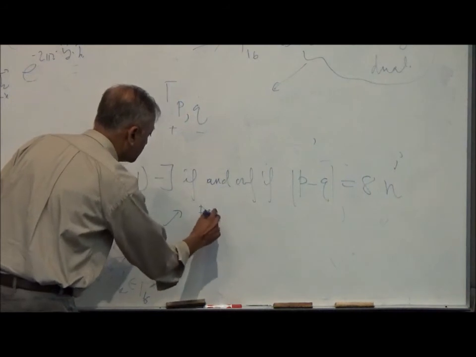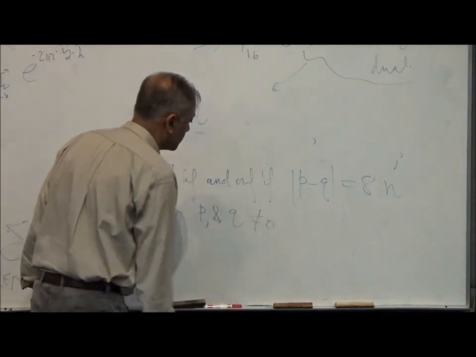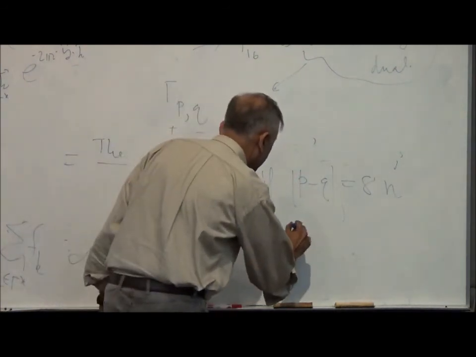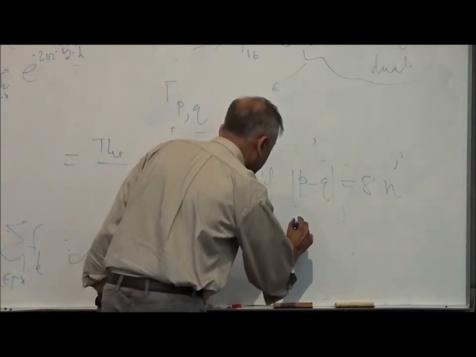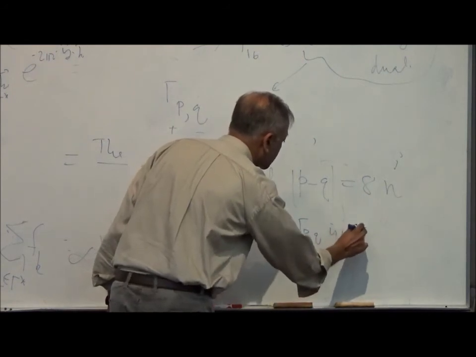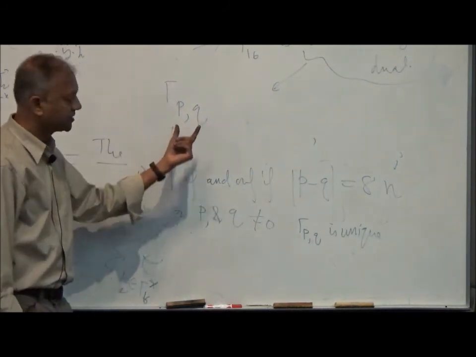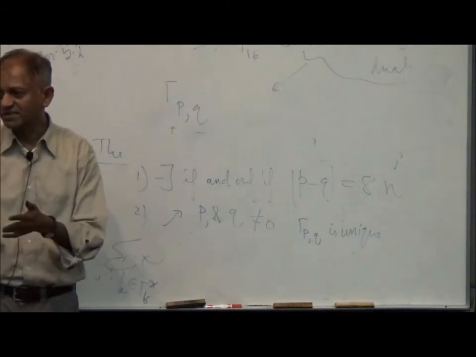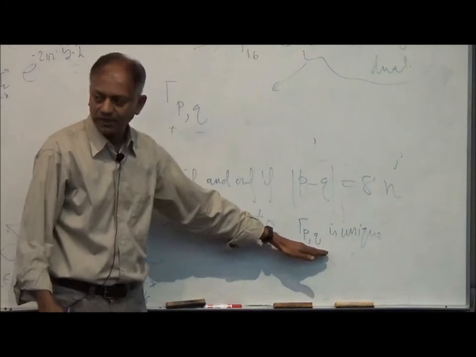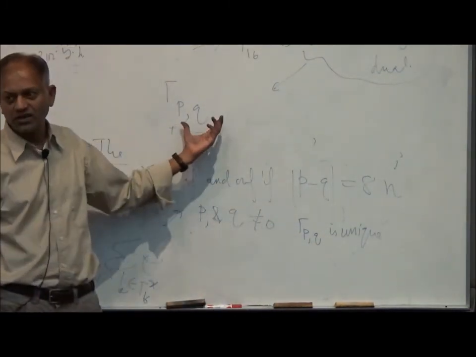If P and Q are both not zero, then gamma PQ is unique. Unique in the sense that, of course, when you have such a metric, you have an SO(P,Q), Lorentz transformation. If you give me some lattice and do a Lorentz transformation, that is okay. So unique up to the obvious symmetries.